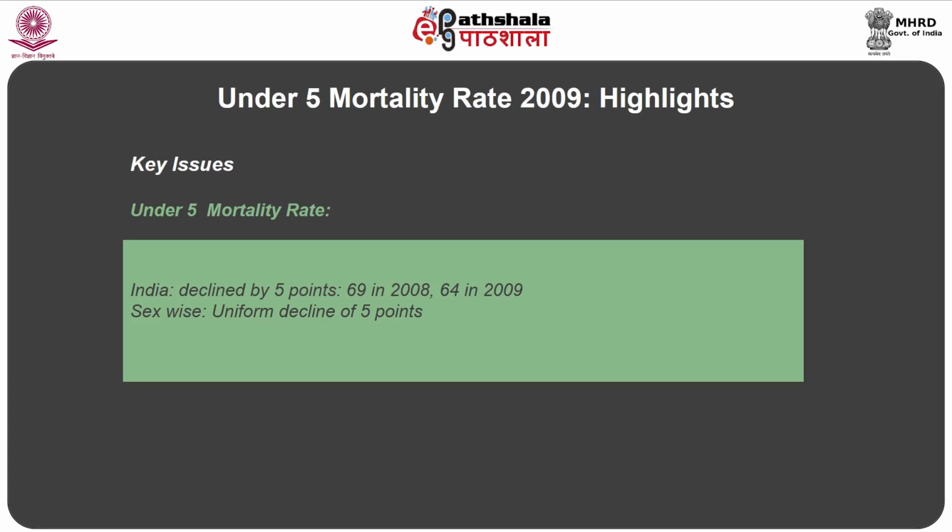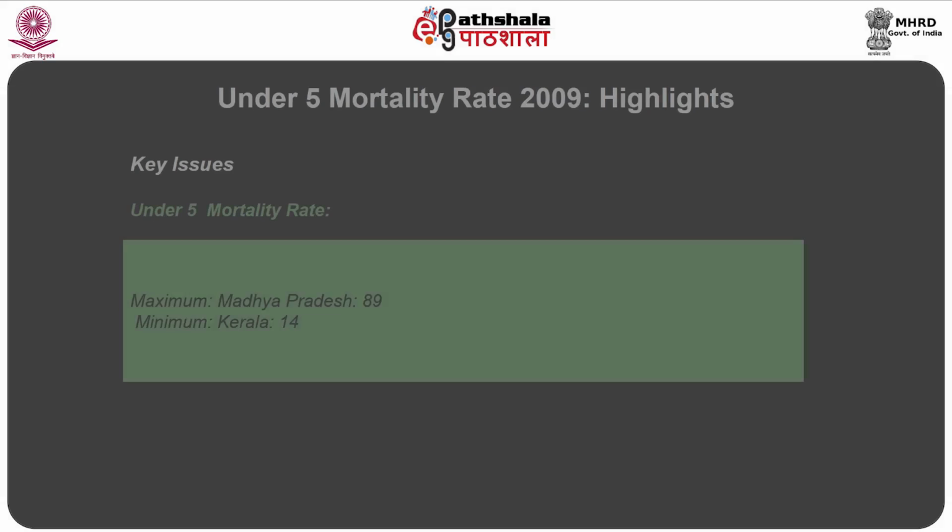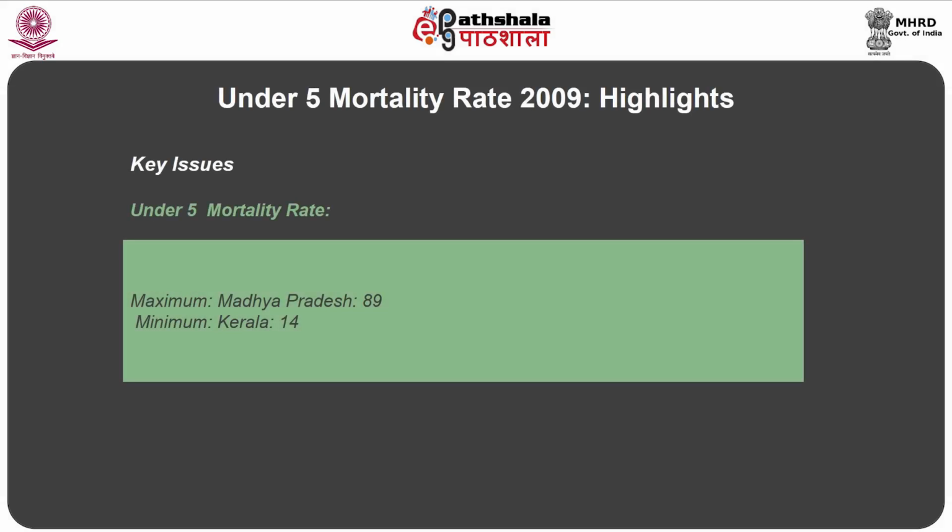A uniform decline of about 5 points is noticed in male and female under 5 mortality rates. And further, if we analyze the data from states, it is shown that the maximum under 5 mortality rate is noticed in a state like Madhya Pradesh, as high as 89, and a minimum is noticed in Kerala, as low as 14.